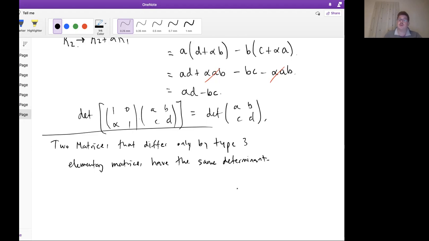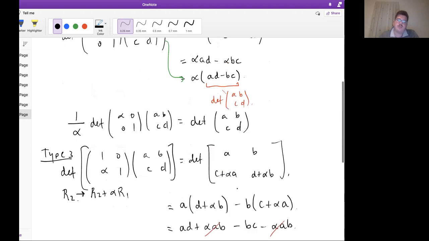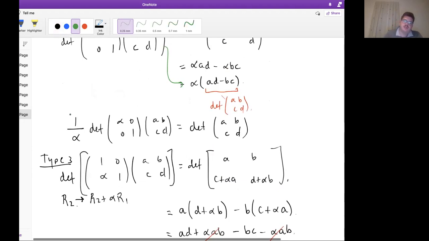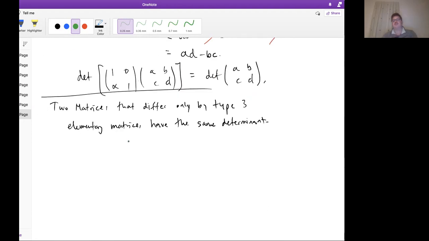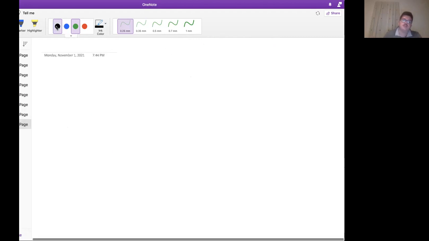That's pretty remarkable. And again, if you want to do type 2 operations in there, you might have to think about dividing. If you do type 1s, you might have to negate, but type 3 operations are very nice because they don't affect the determinant. So let's do an example.